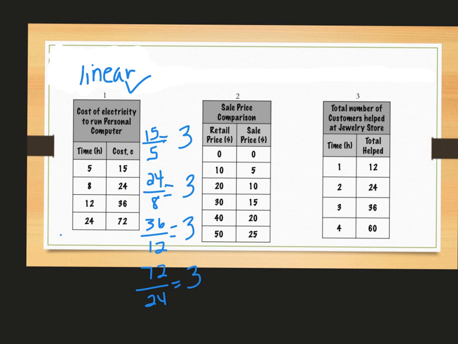So the constant ratio is the same thing as the constant rate of change. That happens sometimes. It is 3 to 1. So this is linear, and it's also proportional. So number 1 is linear and proportional.